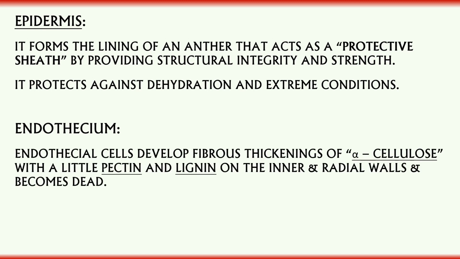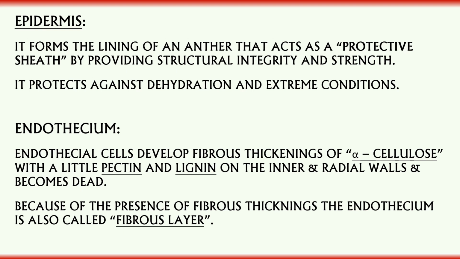Endothecial cells develop fibrous thickenings of alpha cellulose with a little pectin and lignin on the inner and radial walls and become dead. Because of the presence of fibrous thickenings, the endothecium is also called fibrous layer, and this endothecium is helpful for dehiscence of anther after maturation.